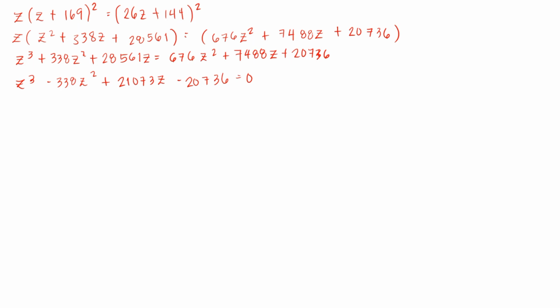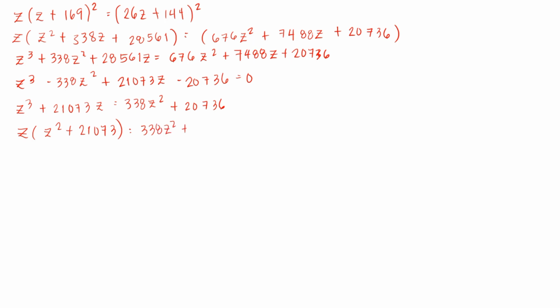Then after this, we will go back to the first process. So I will separate again z cubed and the 21,073z. Then on the right side, I will have 338 z squared plus 20,736. Then I will factor out the z again, so that I will have z squared plus 21,073.